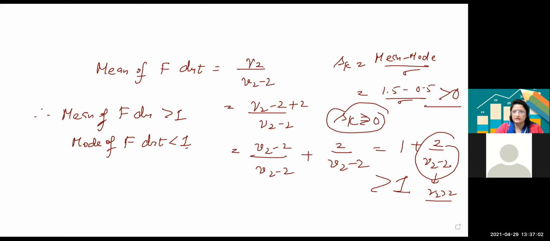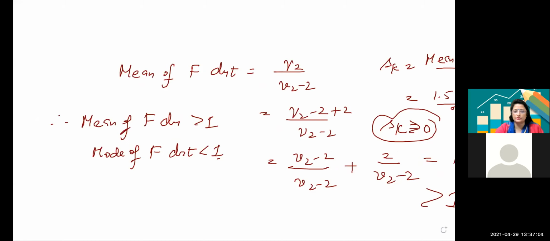It is highly skewed distribution, ठीक है. So thus F distribution is highly positively skewed.